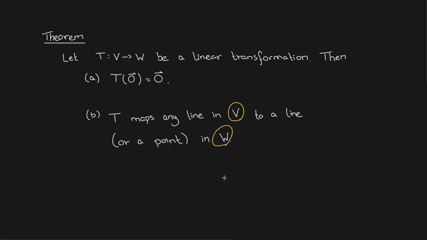We saw that a linear transformation preserves linear combinations. It turns out that that extends to preserving lines. A line in V would be a line in W, usually, except in the special case where that line kind of gets squished into a point.